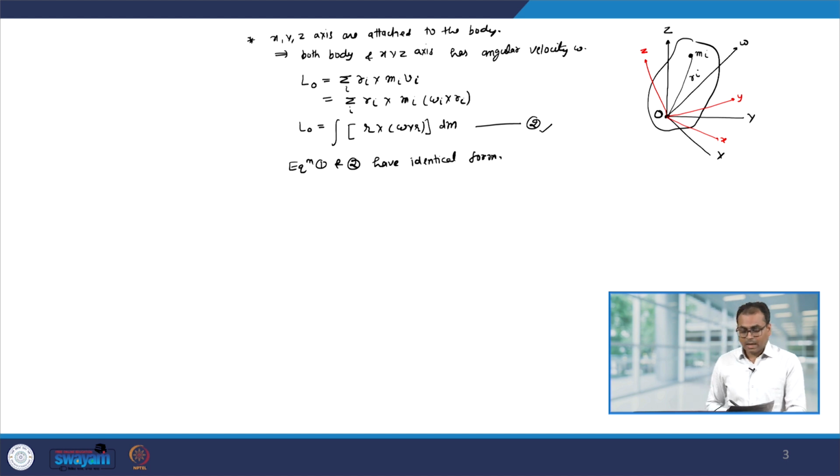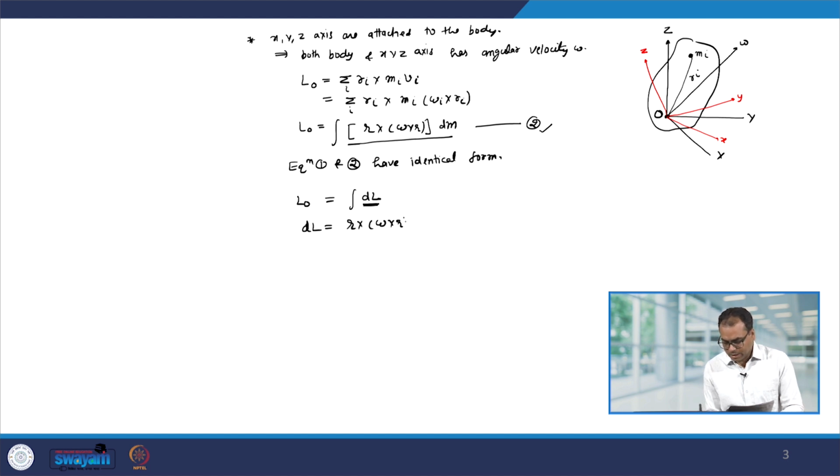And I can also write this equation as L about O or L about G is equal to the integral of dL. In this case, this dL becomes r cross omega cross r into dm.